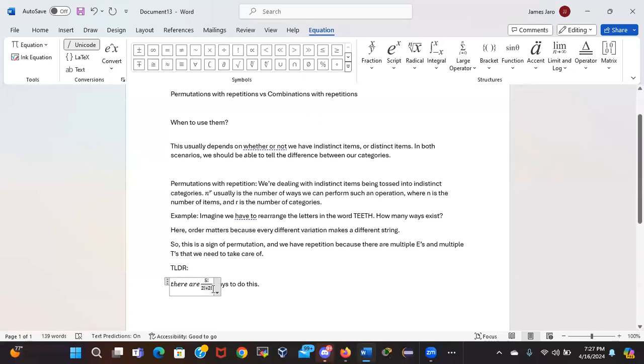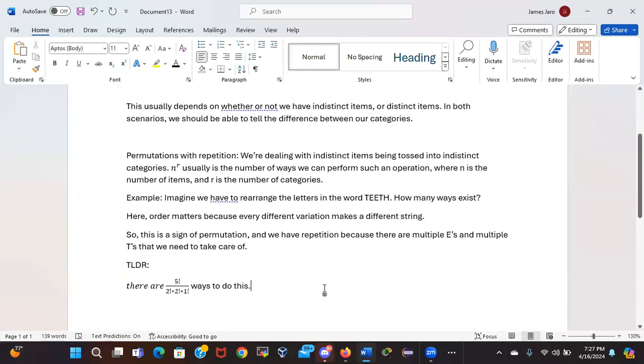It would be 2 factorial times 2 factorial times 1 factorial. What was missing was a 1 factorial, but 1 factorial doesn't really impact anything. Yeah, 2 T's, 2 E's, and an H. But you can't really mess up the H, so we don't include it. Make sense?